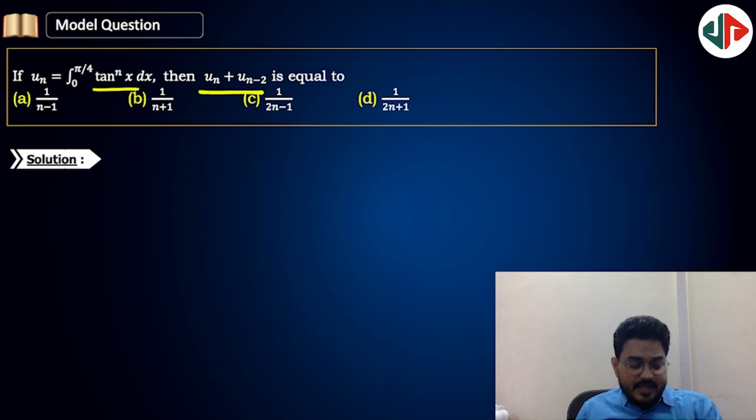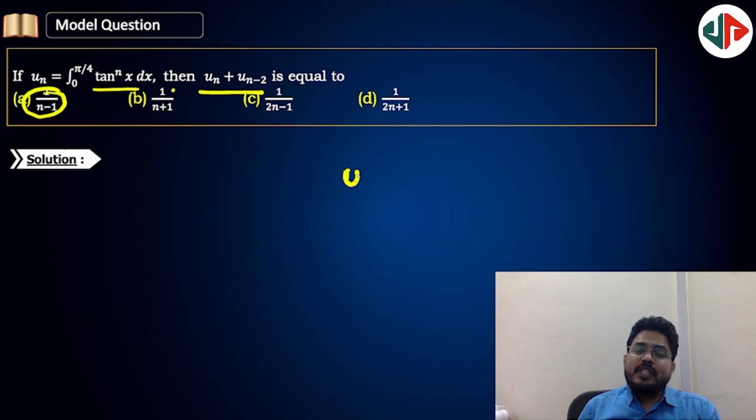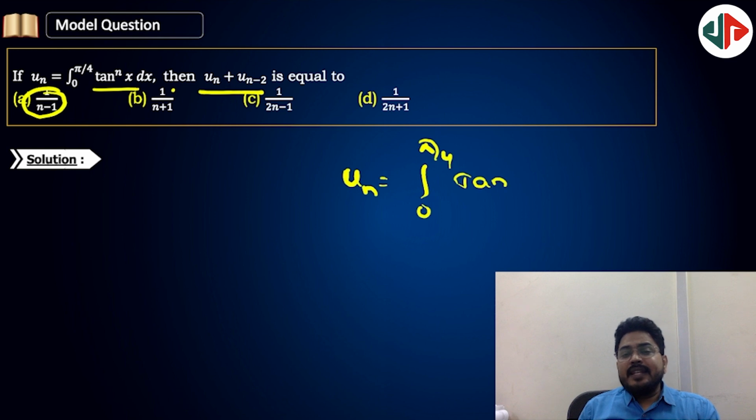So this is a successive reduction, and the answer is equal to 1 by n minus 1. What is this? Un is equal to integral 0 to pi by 4. What I will do is tan power n minus 2x into tan square x, and I will write it as secant square x minus 1 dx.